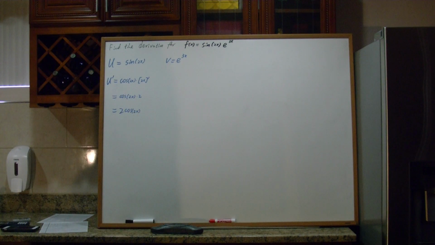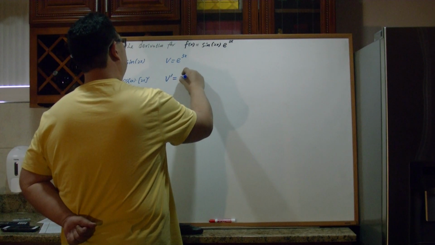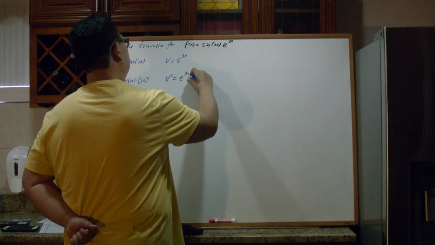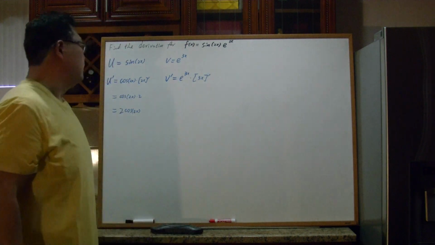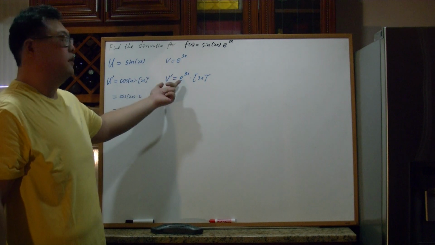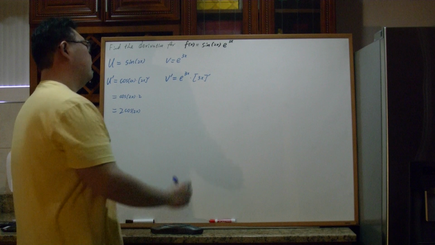Similarly, for v prime we find the derivative of e to the 3x. The derivative of e to the power is the same thing, but for the power 3x we need to find its derivative.